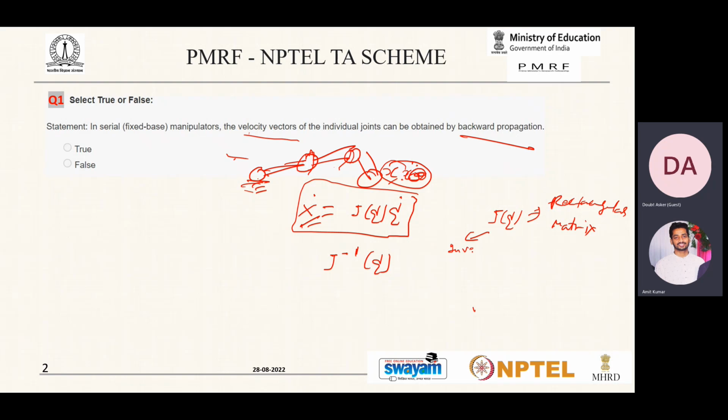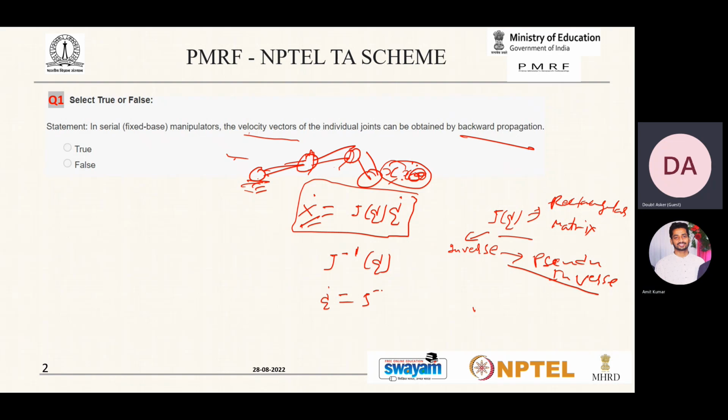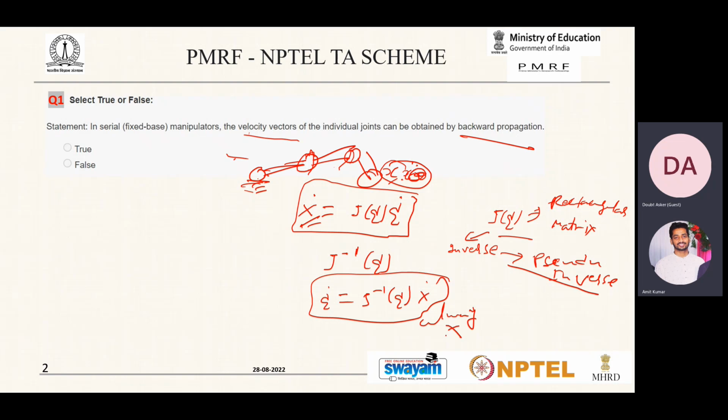We could use a pseudo inverse, but that is not always possible either, so we cannot always write J inverse of q times x dot.